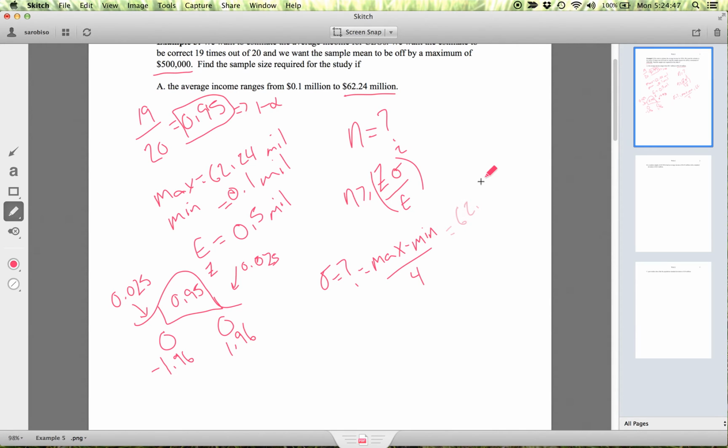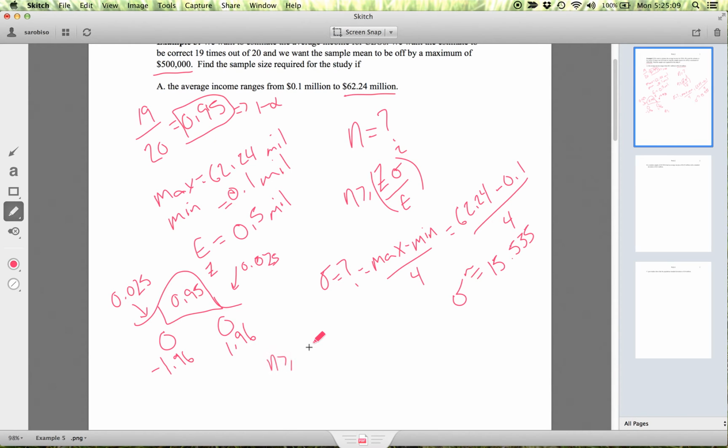So this would be 62.24, subtract, of course, 0.1 and divide by 4. We could use a value of 15.535 for sigma.